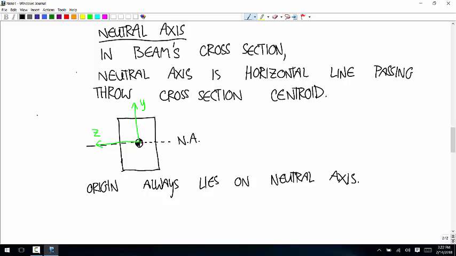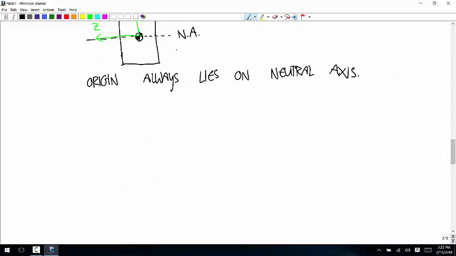Notice that in 3D, am I going to try to draw this? Okay, so in 3D, there's the beam. The neutral axis looks like this.